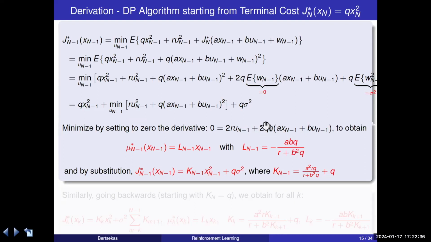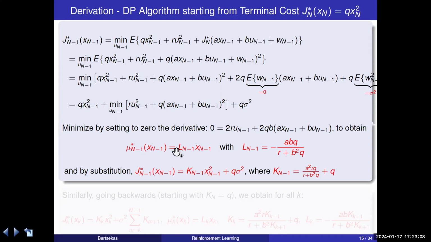Take u to one side and all the rest to the other side, and make a division, solve this equation, and what you get is a linear expression of x. Obviously linear. This equation shows a linear dependence between u and x, and the coefficient is this, as you can see by calculation. So that's the optimal policy for the last stage, n minus 1.